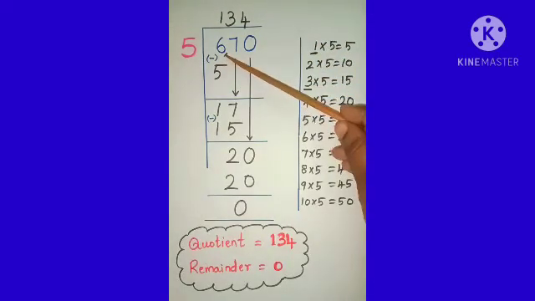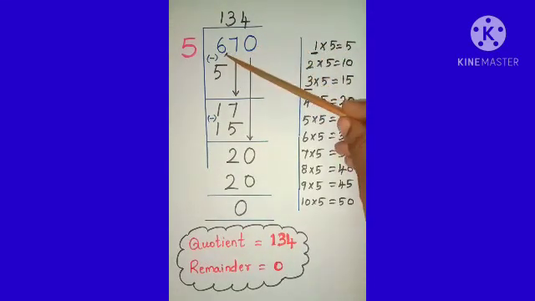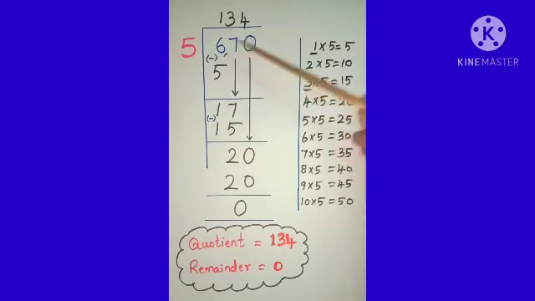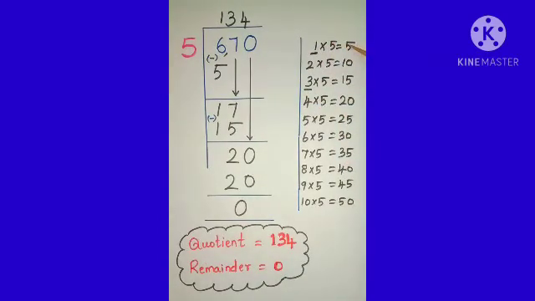And see here the number 6 lies between 5 and 10, isn't it? Here we have to take the exact value or smaller value. Here, which is smaller? Yes, it is 5. So 1 into 5 is equal to 5. We have to take 1 into 5 is equal to 5.